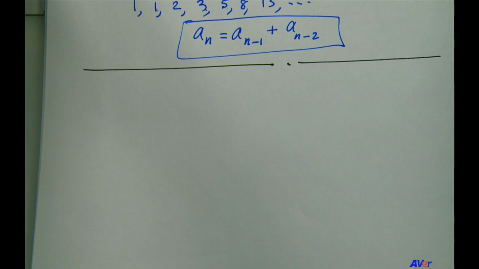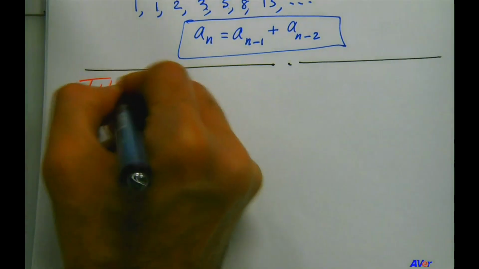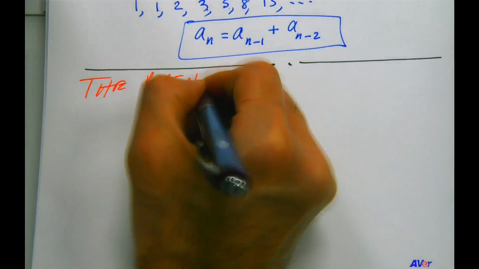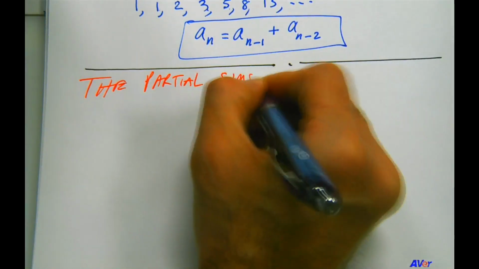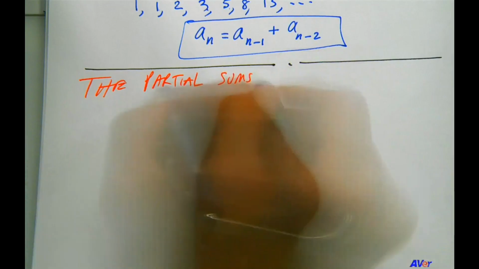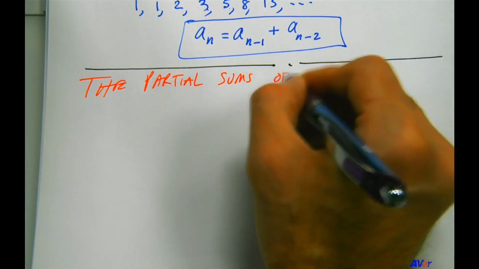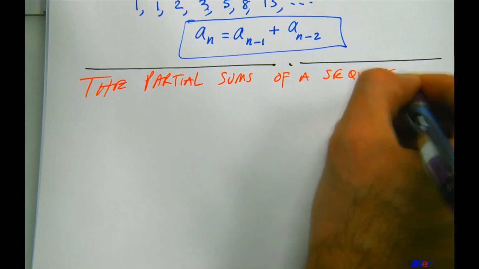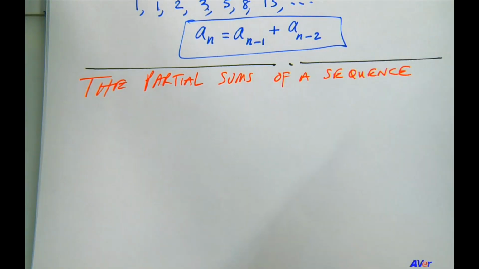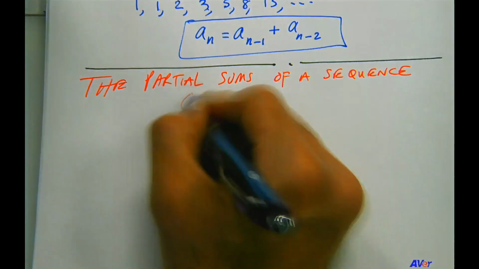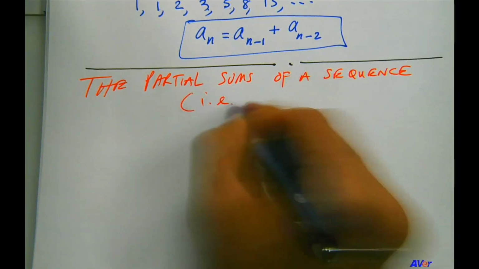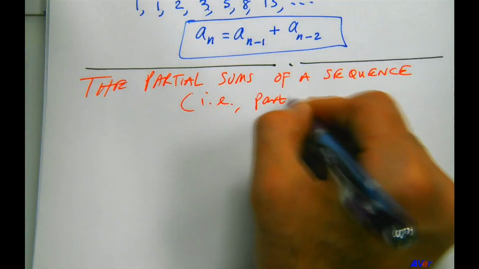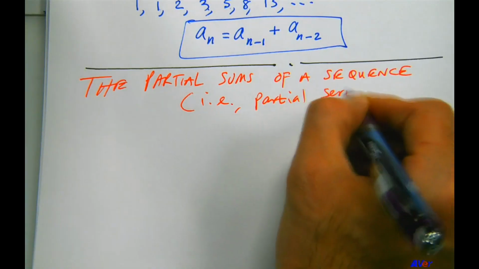Okay, so we have the partial sums, that's the series, partial sums or series of a sequence, i.e., let me write it underneath this, i.e., or in other words, partial series.